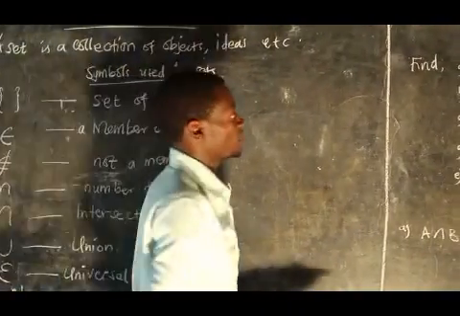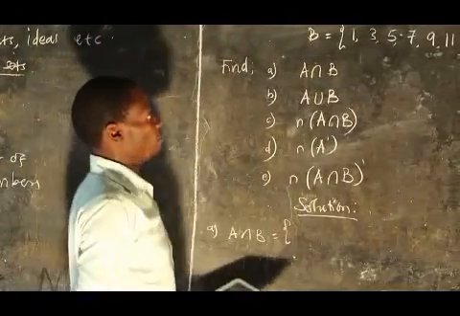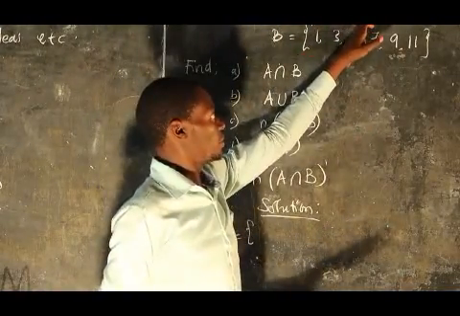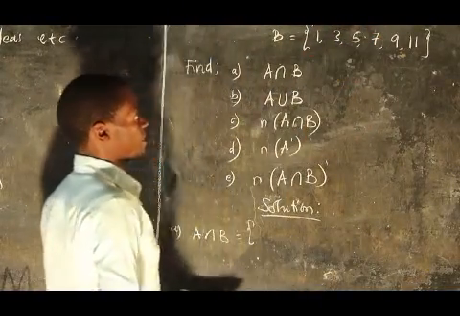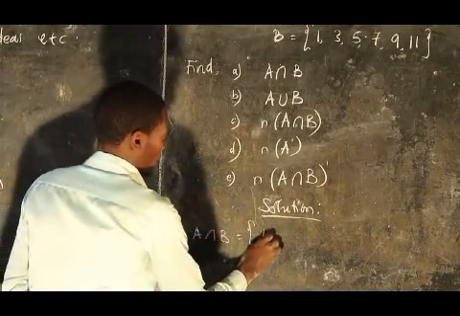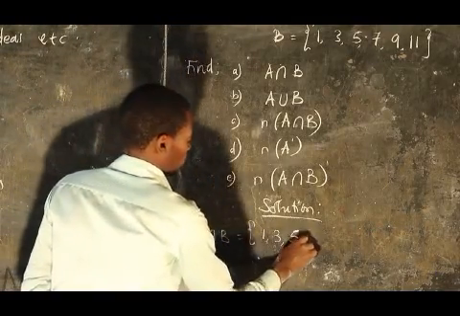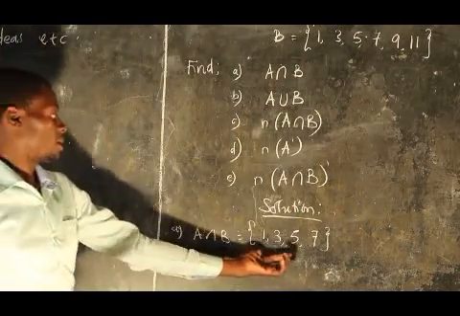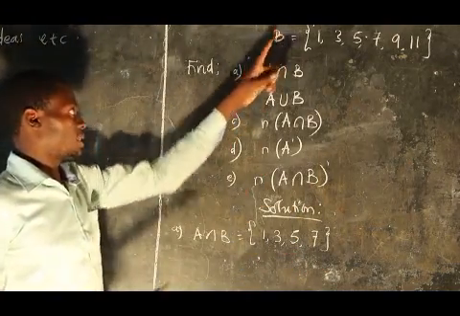Here we open the set and indicate everything which is here and here. You can see 1, 3, 5, 7. They are all here. So 1, 3, 5, and 7. These ones are the members which are both in set A and B.